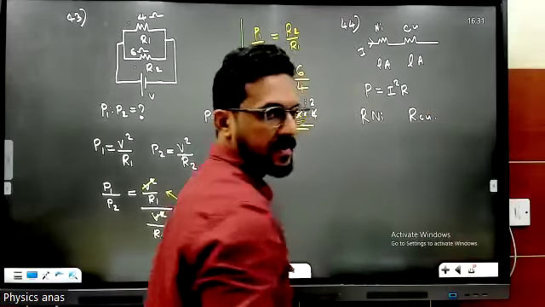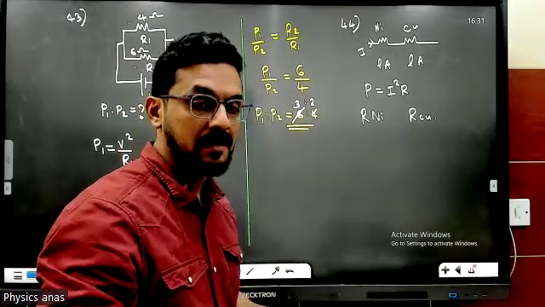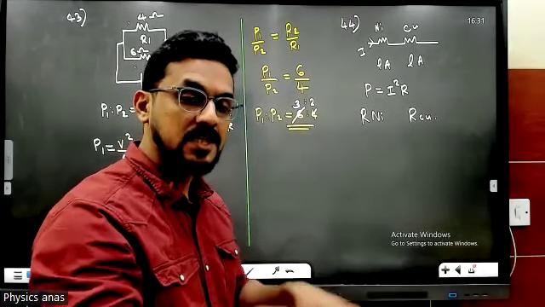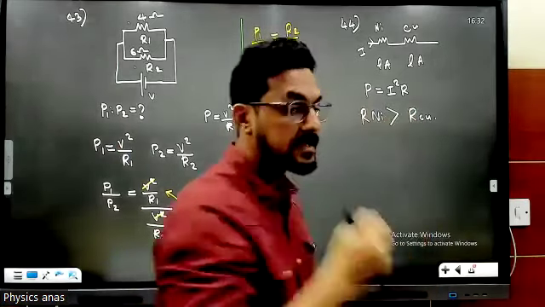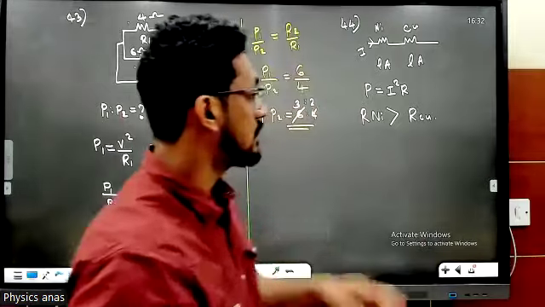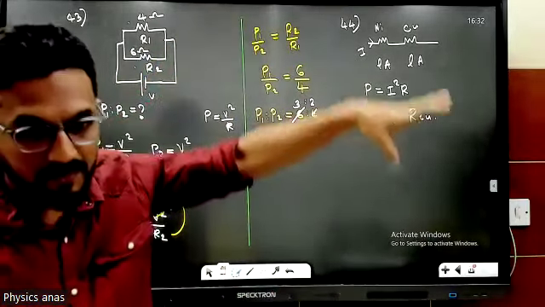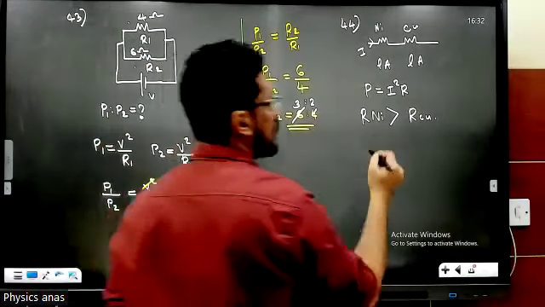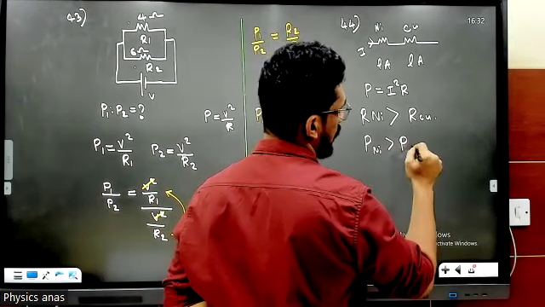Resistance of nichrome will be greater because nichrome has greater resistivity. Since the resistivity of nichrome is greater, its resistance will be greater. If the resistance of nichrome is greater, the power of nichrome will be greater than the power of copper.